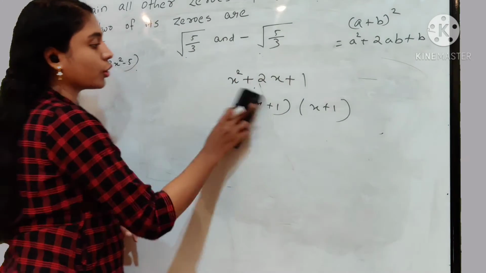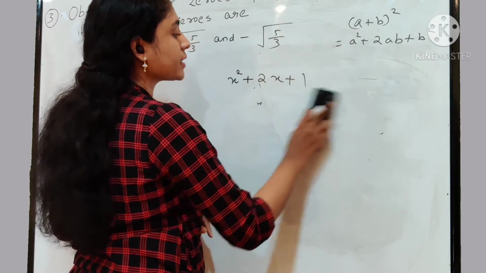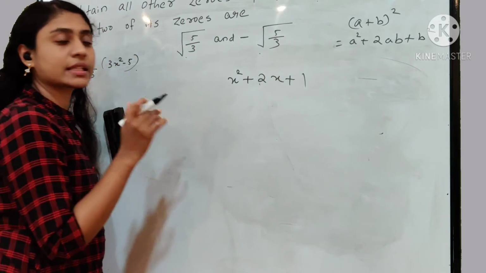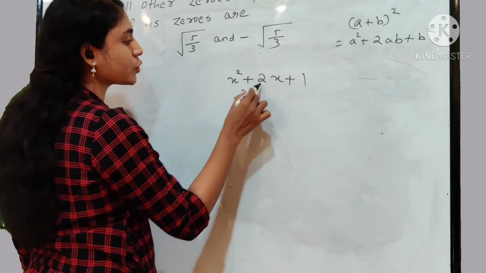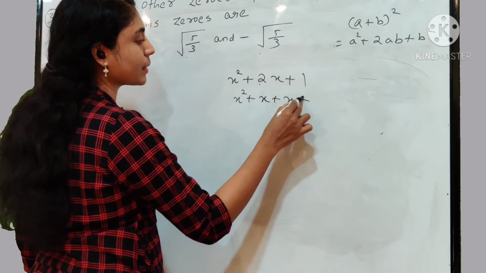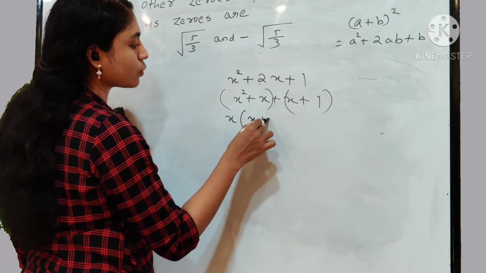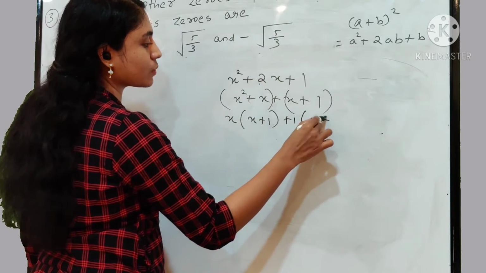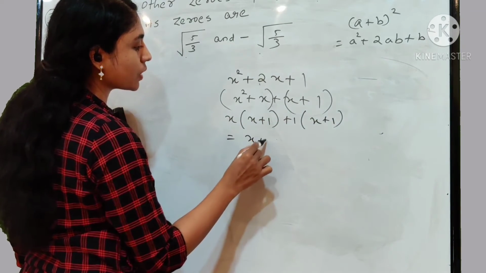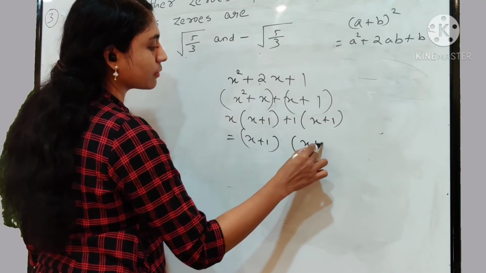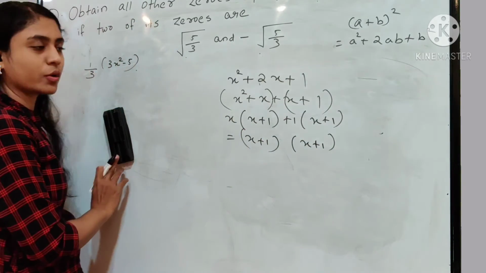Or if you don't remember the identity, you can do it by splitting the middle term. How? X square plus 2x plus 1 can be written as x into x plus 1 plus 1 into x plus 1, taking the common factor, which is x plus 1 into x plus 1, nothing but x plus 1 the whole square.